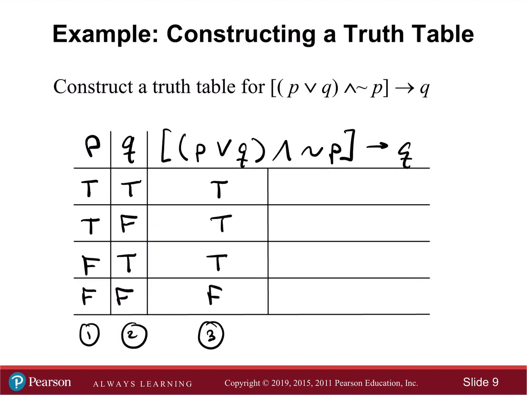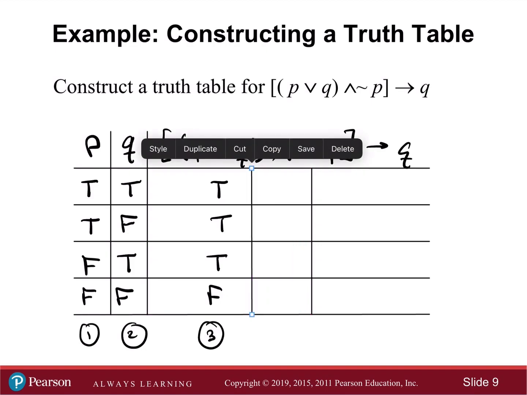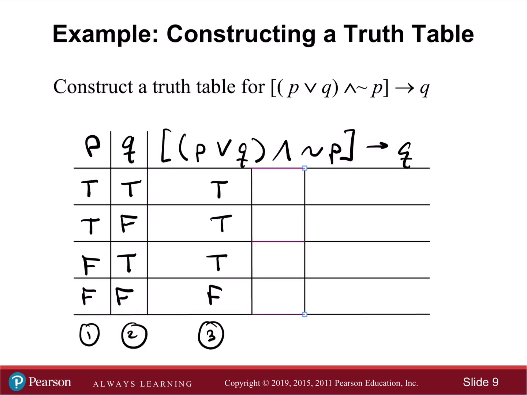Okay. So next, let's do the not P. Not P is going to be the opposite, because if we have to choose between and not, not is the more dominant connective, so we do the not P first between those two.